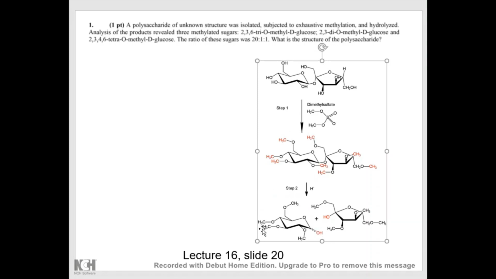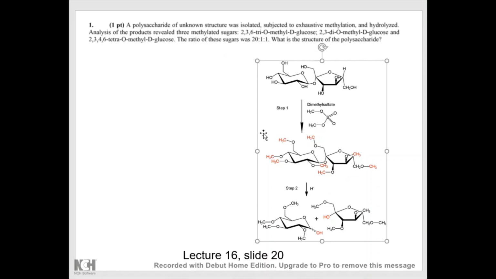In the hydrolysis product, all OH groups remain methylated, except those that were involved in the linkage when they were part of the oligosaccharide.